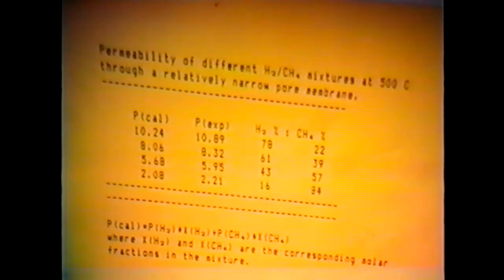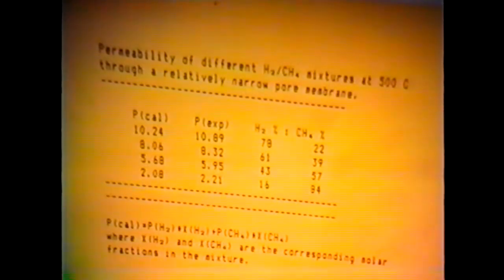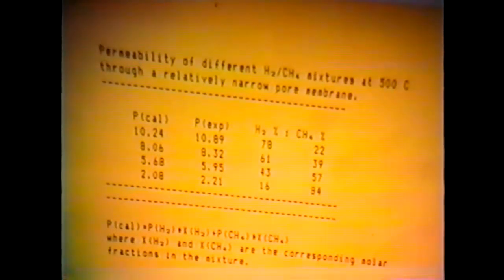Here you can see we have a hydrogen-methane mixture. Here it's at 500 degrees centigrade. Of course, with polymeric membrane we cannot go higher than 200 degrees at the most. And you can see different mixture compositions, and there is no difference between the experimental figure and the calculated one.